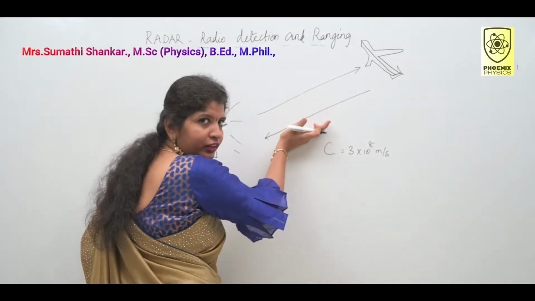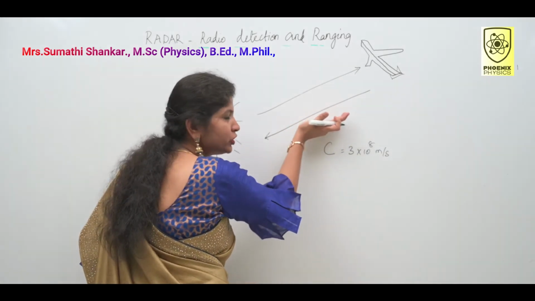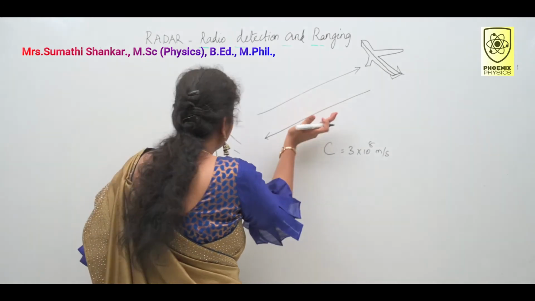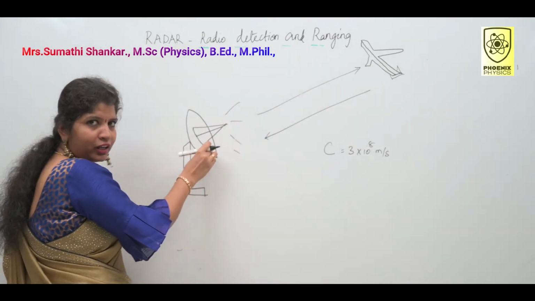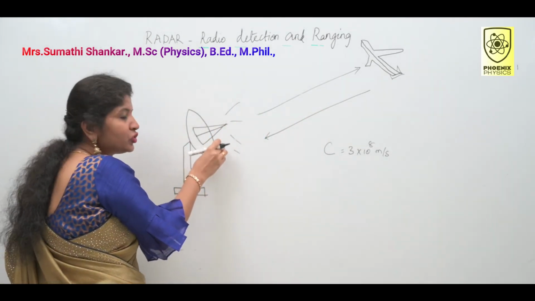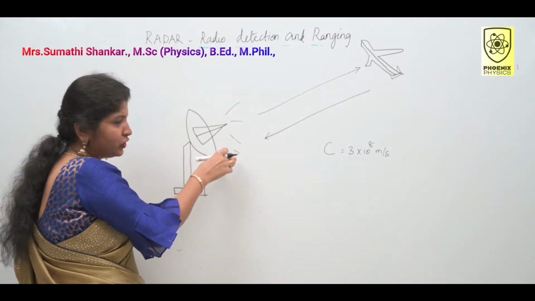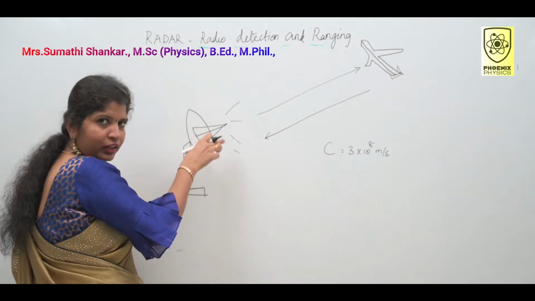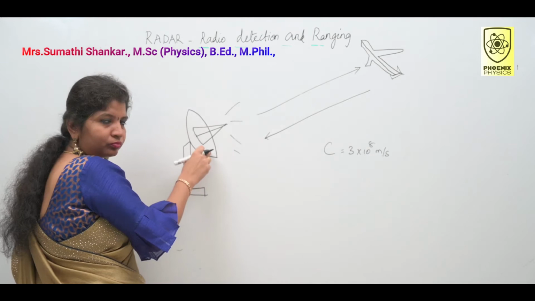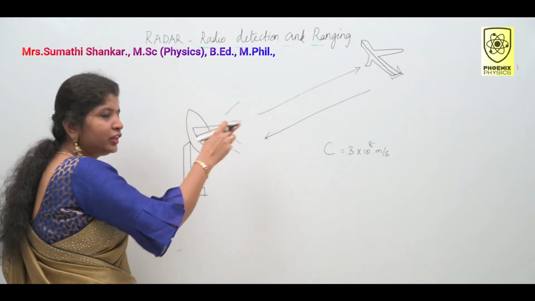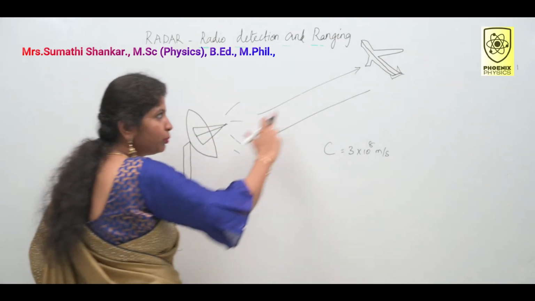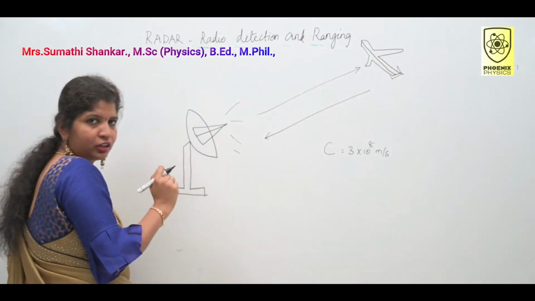This reflected or echo signal is received by the radar antenna, which delivers it to the receiver on the radar. From that we can find the position of the object.